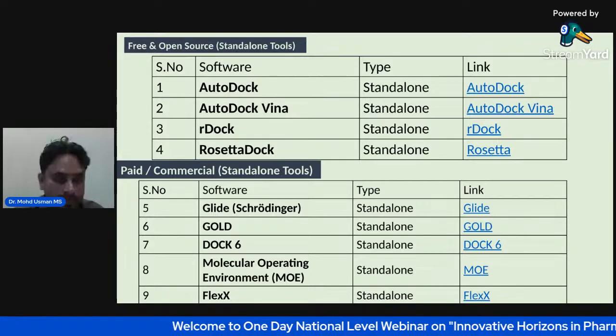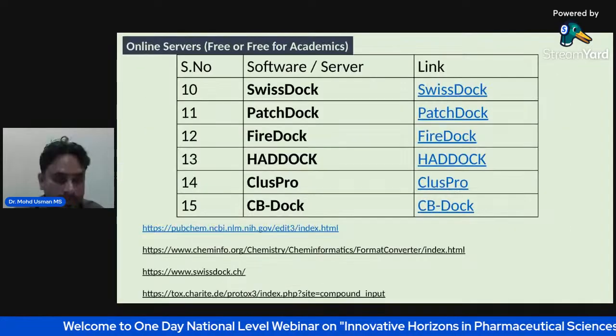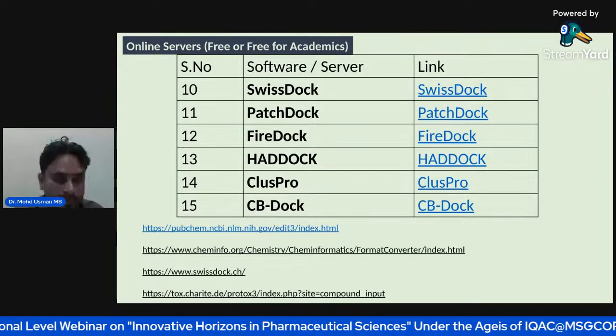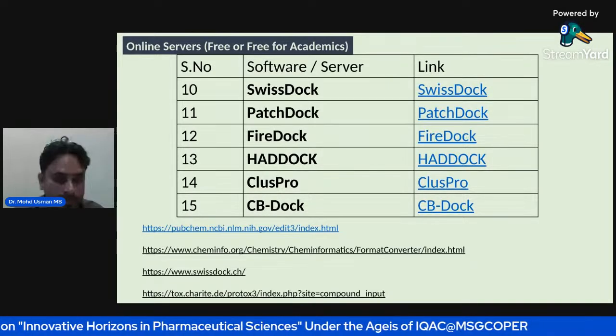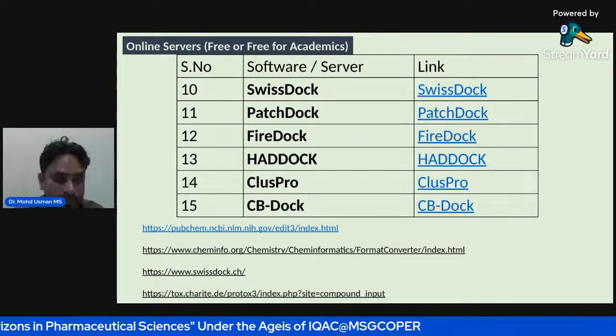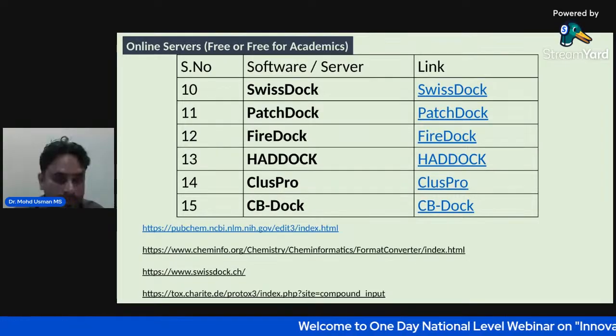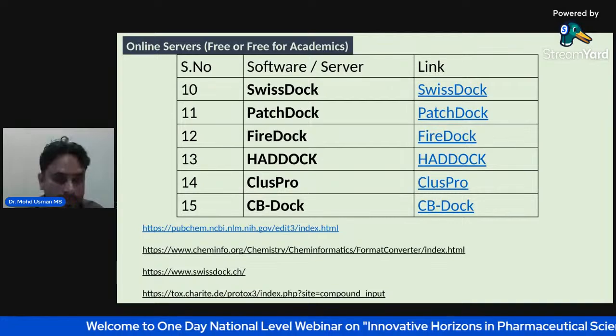Okay, then online servers used for molecular docking. These are a few servers used for molecular docking. What you have to do here is provide your molecule, either in the form of PDB, or MOL file, or PDBQT.